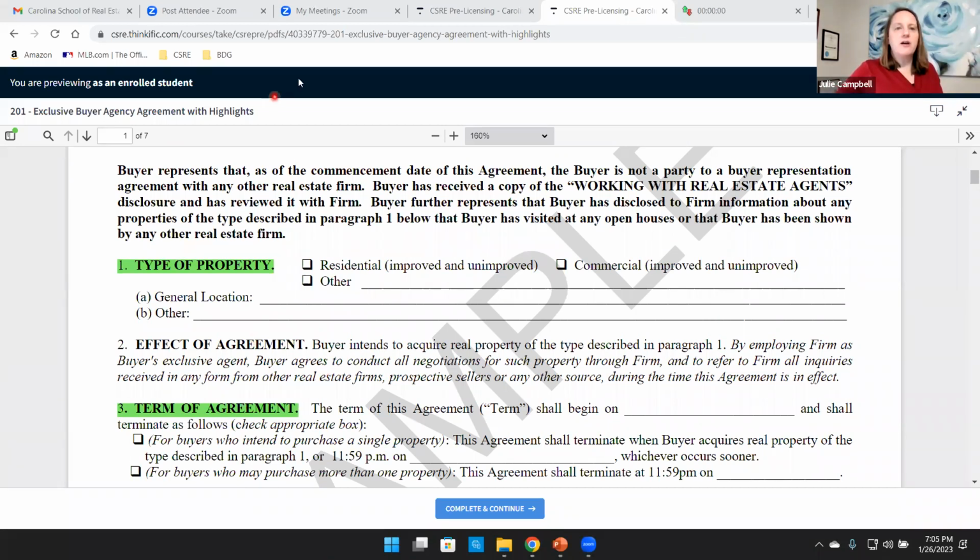We're also gonna identify the general location. Are we going to help this buyer find a home in Winston-Salem, Forsyth County, the Triad, the state of North Carolina? What's the general location that we're assisting this buyer with?